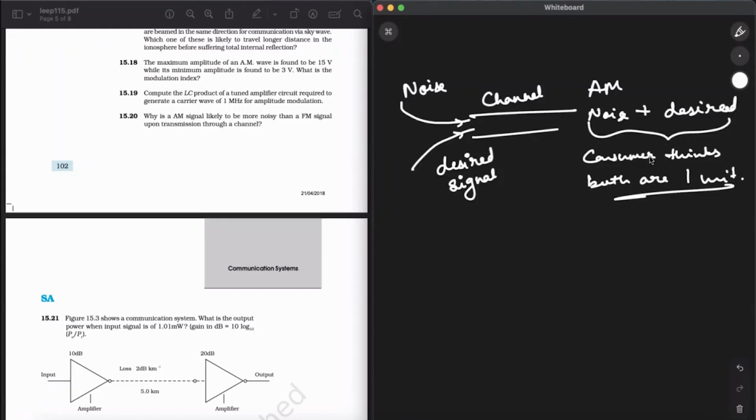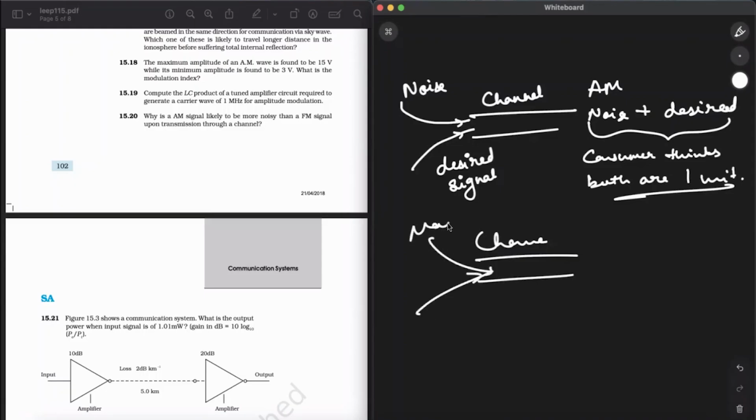But in case of FM, the frequency of the carrier wave is changed according to the change in the instantaneous voltage of the modulation wave. Now, while the signal is transmitting through the channel, the noise can be heard differently from the desired voice. Same thing: there's a channel, there is desired signal, there is noise.